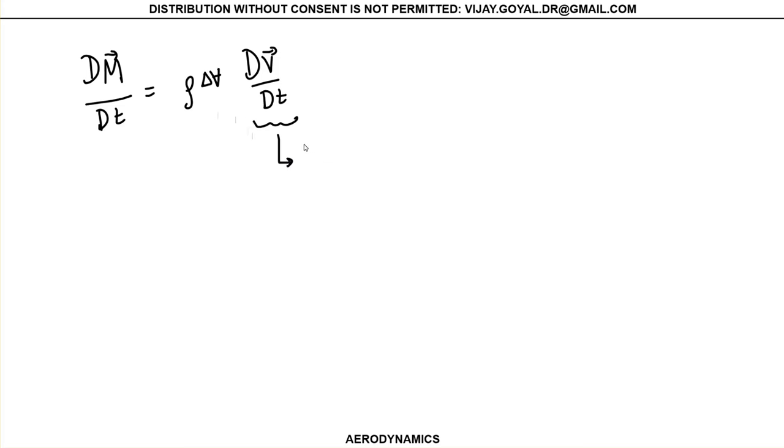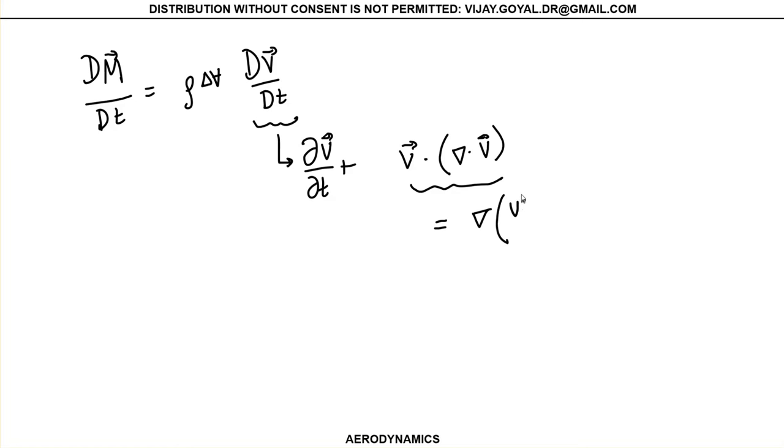So this is actually equal to the partial derivative of velocity with respect to time, plus the gradient of velocity dot times the velocity. Okay, and you can also further show that this particular part we can expand, and this expression becomes very convenient later.